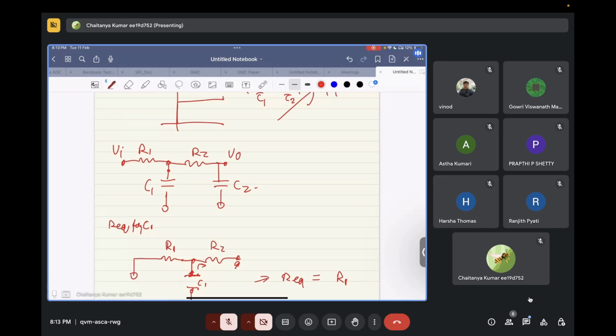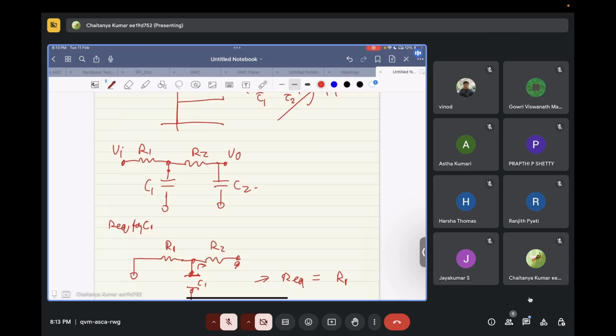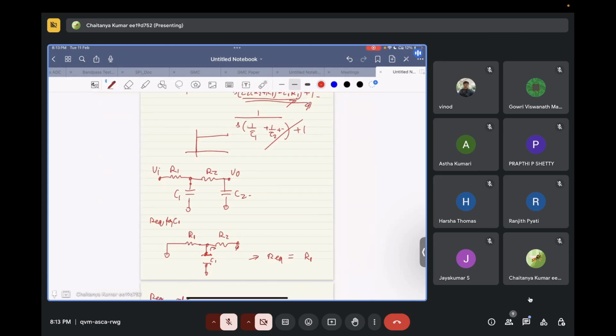While you are calculating the equivalent resistance of one particular capacitor, you will make the rest of the capacitors equal to zero. I don't have an intuition for that as of now. I can look that up, and if there is any intuition that exists, I can update you in the next class.